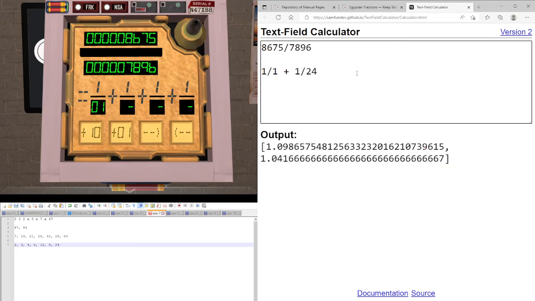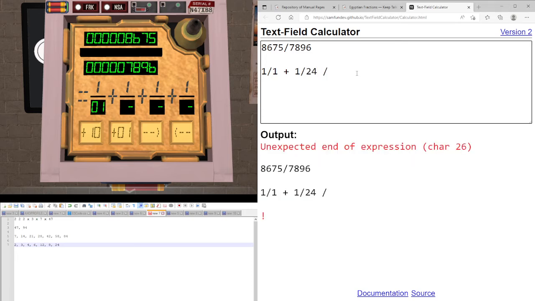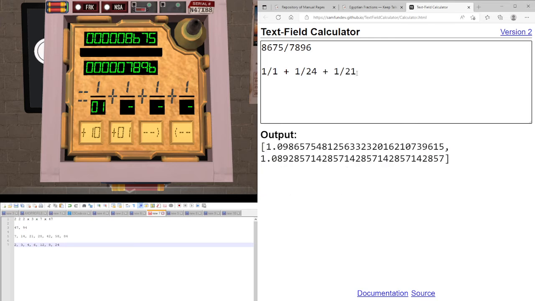Let's go 1 over 24, and then the 1 over 21. That could also work. And then plus 1 over 98. That's ever so slightly too much.